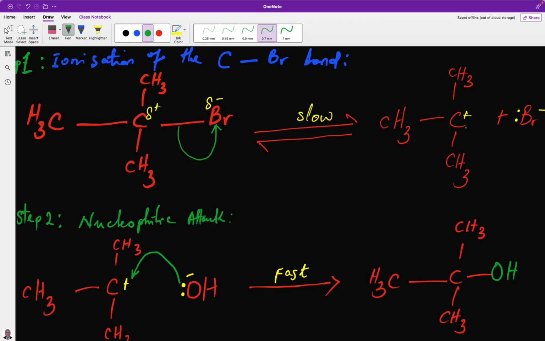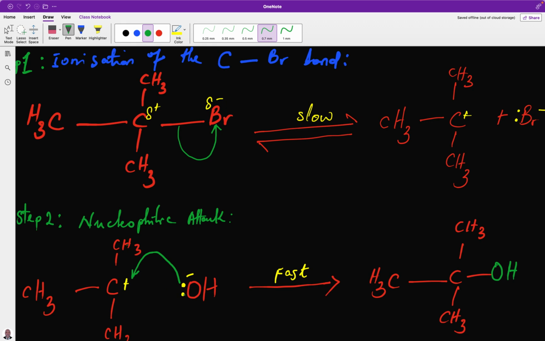So because of it, this carbon is very, very reactive. And because it is reactive, any nucleophile around it will be attracted to it. Now, the nucleophile here, which is the hydroxide, attacks the positive carbon.